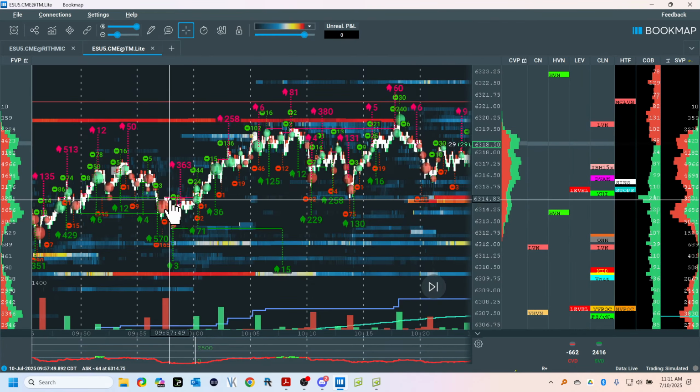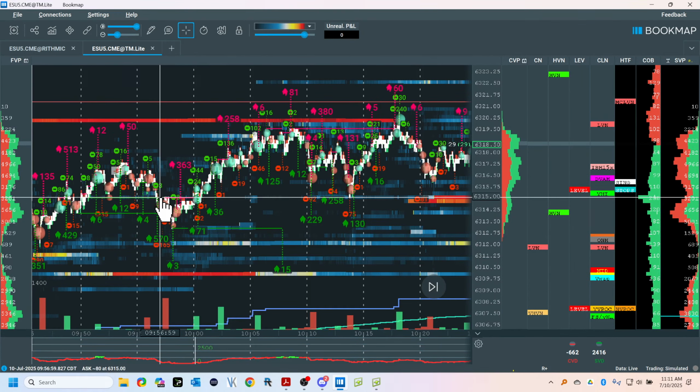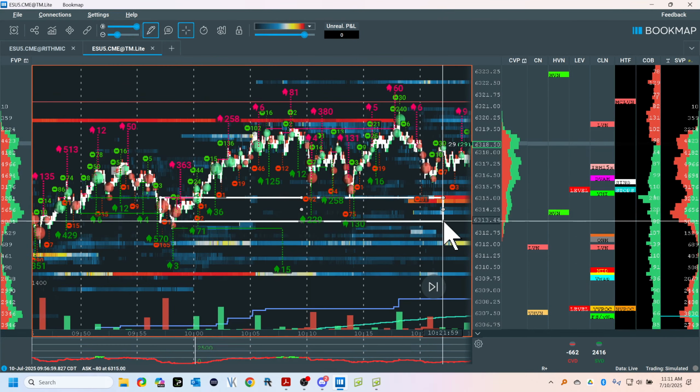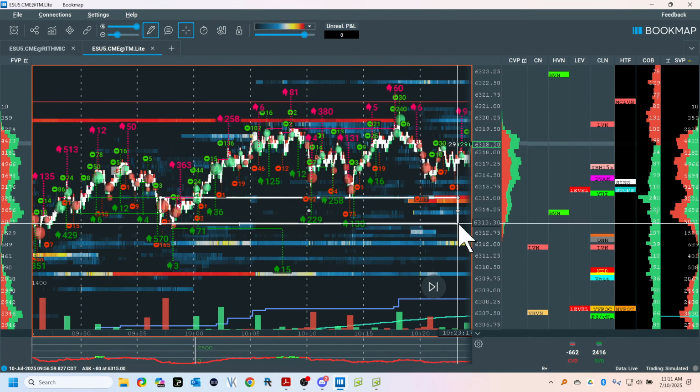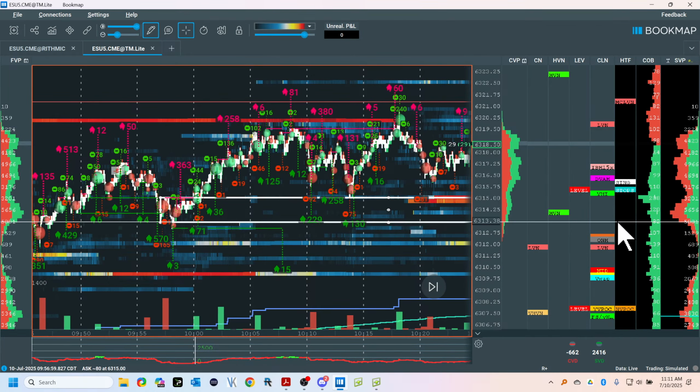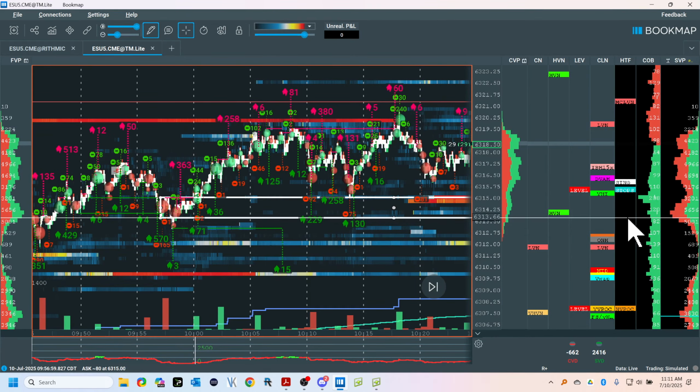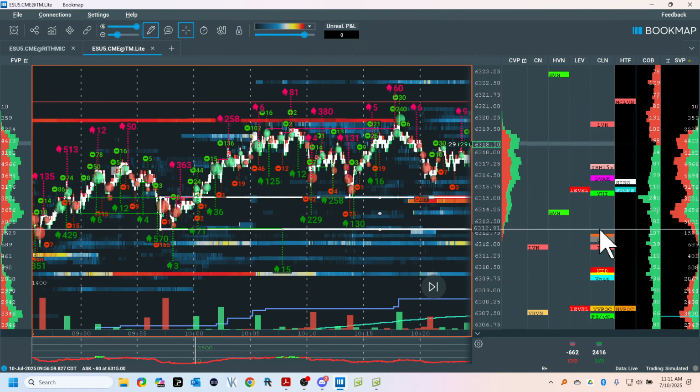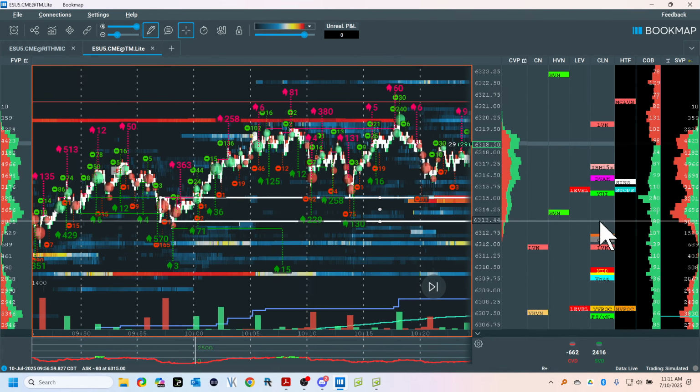If I know it's absorption, let me put a little box around this for you. I'm just going to show you an idea. What I'm trying to do here is not show you anything mechanical. It just doesn't exist. What we tend to try to do is understand what's happening. And again, you're not going to have complete information until hindsight.